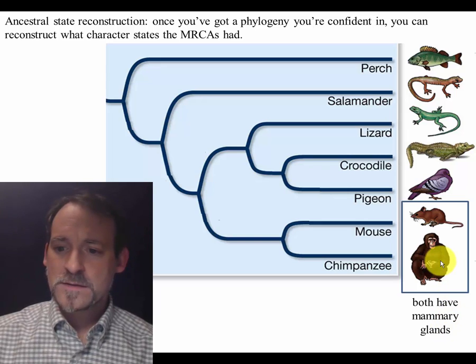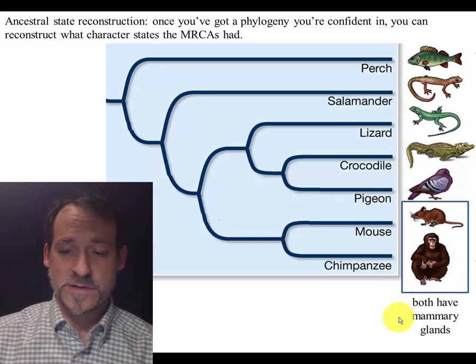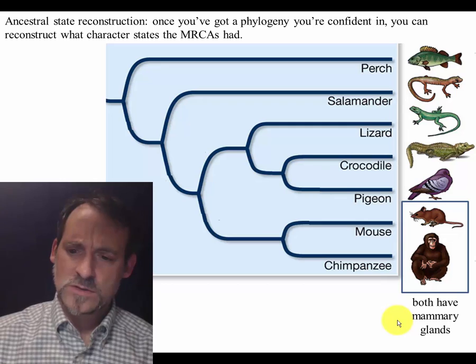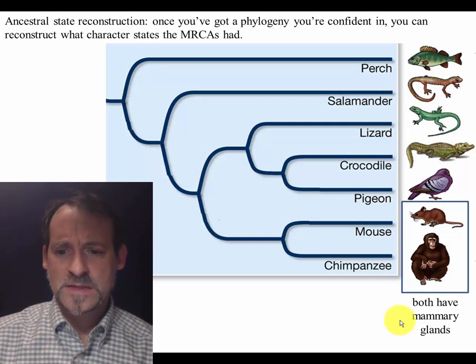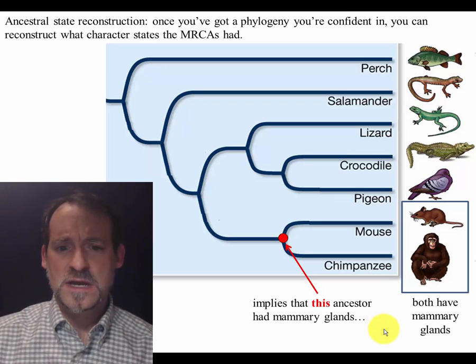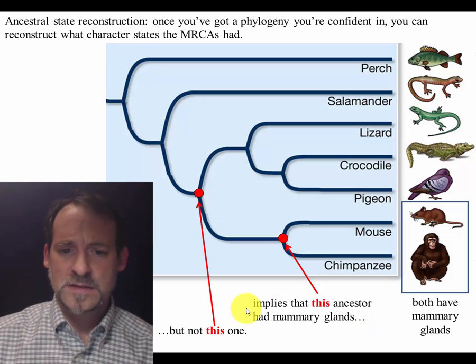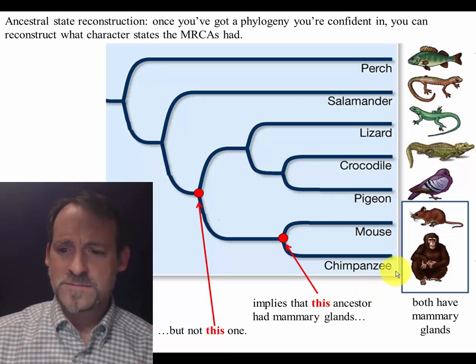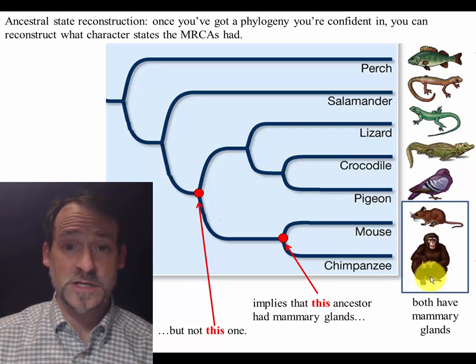All right. The chimpanzee and the mouse both have mammary glands. What does that imply about when that evolved? Well, it kind of suggests that this ancestor had mammary glands, but that this one didn't. Because if mammary glands evolved somewhere after this ancestor, you would expect only the mouse or only the chimpanzee to have them, right?